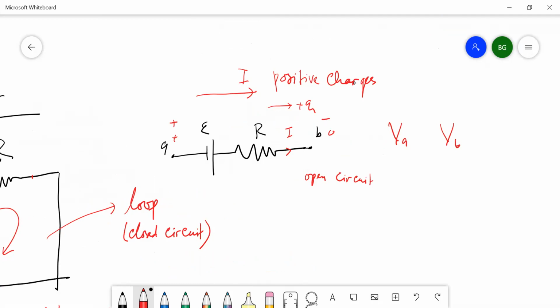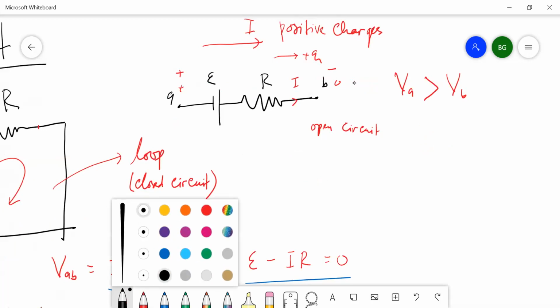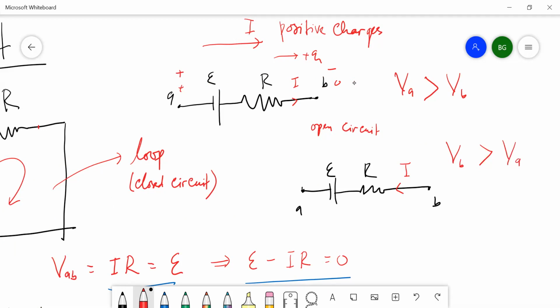So it means that VA is greater than VB, if we know the direction of the current. If it is the other way around, then VB should be greater than VA. Okay?